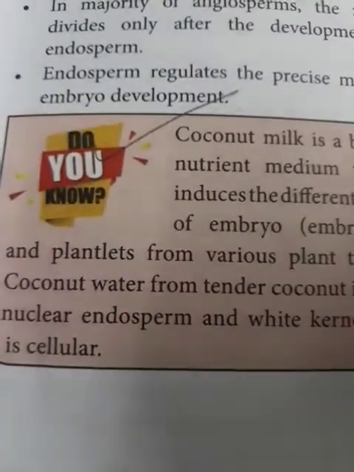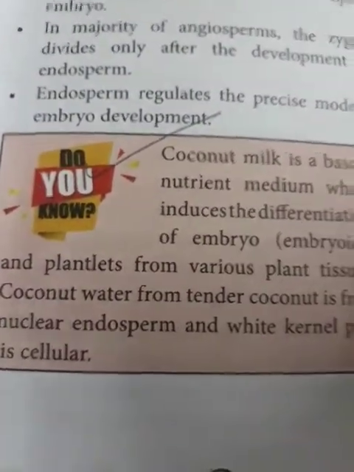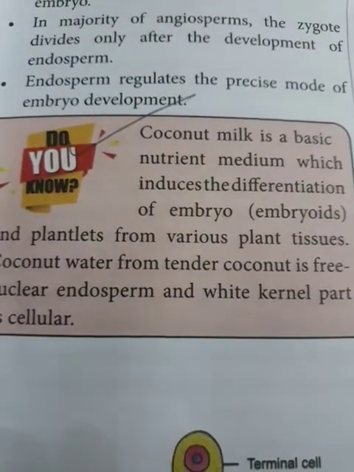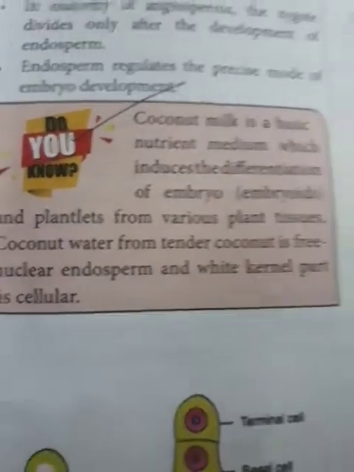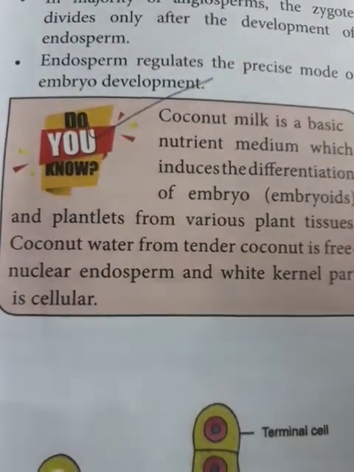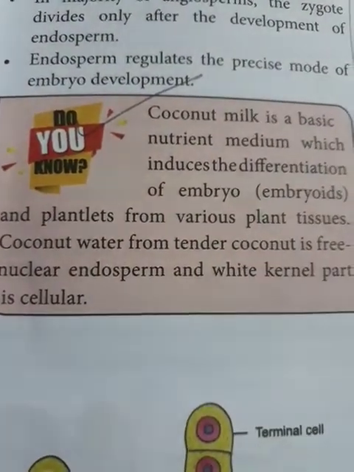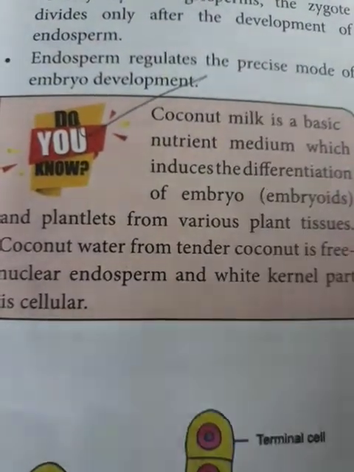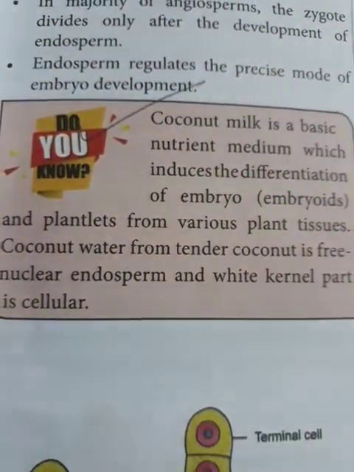Now, one example has been given. Coconut milk is a basic nutrient medium which induces the differentiation of embryo and plantlets from various plant tissues. Coconut water forms the nuclear endosperm.